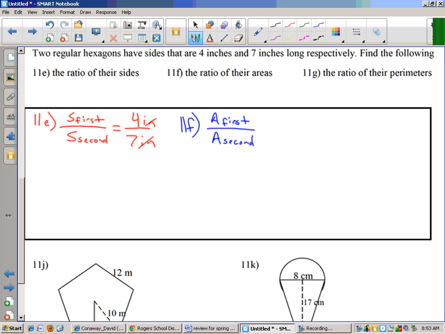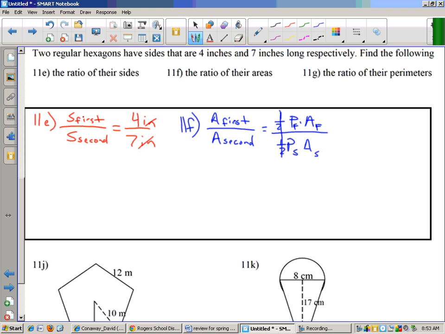Now, we know that the area of a hexagon is going to be 1/2 perimeter times apothem. And so this is the perimeter of the first times the apothem of the first, perimeter of the second times the apothem of the second. And we could even see that, look, the 1/2s are going to go away.